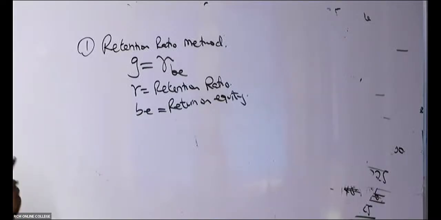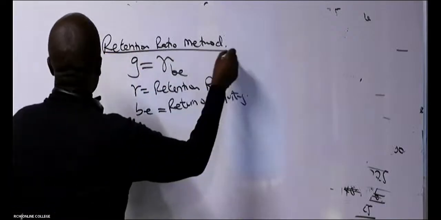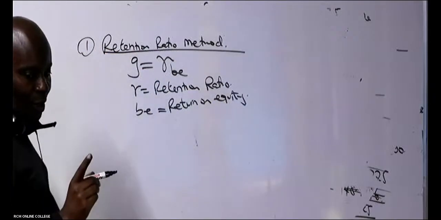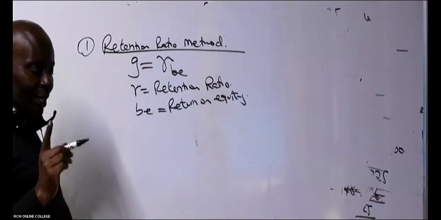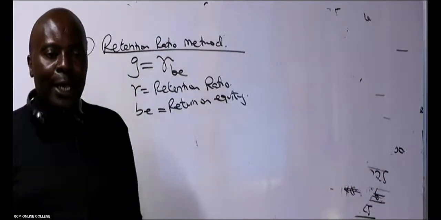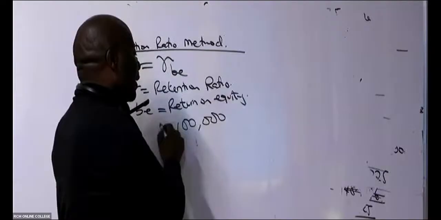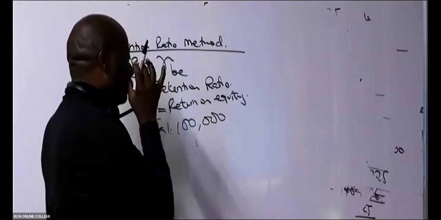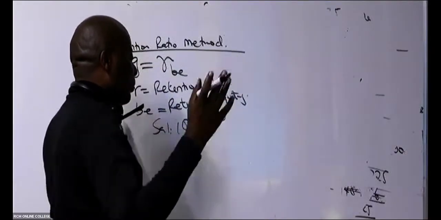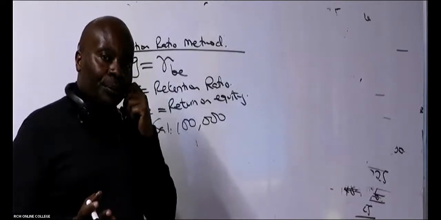Very important, ladies and gentlemen, for you to appreciate this method called the retention ratio method. Even in our normal lives, if you want to grow, assuming you are getting a salary of 100,000 and you're blowing up everything at the end of every month, you're not retaining anything, you will never grow.